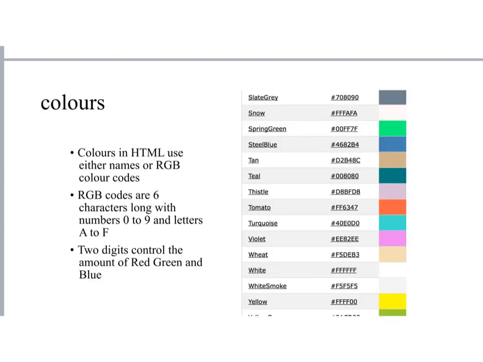Okay, so when it comes to colours, such as text colour or background colour, we can use the name of a particular colour. But sometimes they don't exist for the exact colour that we are looking for. So we use a hex code. If we have a look at the top example, which is our slate grey, we've got 708090.